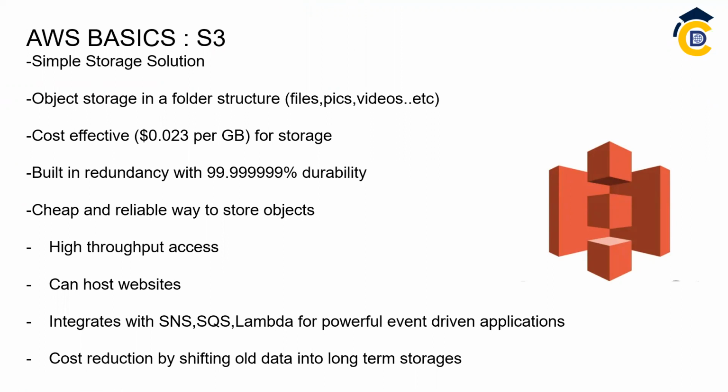Object storage means you dump the file as it is, as one object, into that storage area. If you talk about block storage, files get divided. One file will get divided into multiple blocks and stored in different storage devices. But in S3, you cannot divide anything into blocks. It has to go as a complete whole object itself.